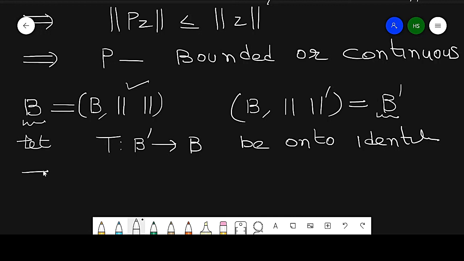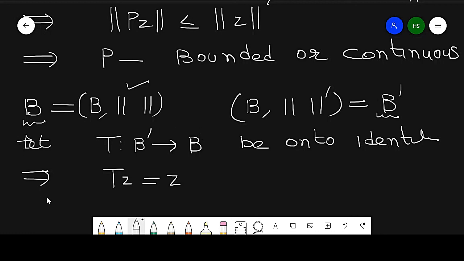It means that T of z is equal to z, because the elements are the same. The only difference is the norm.